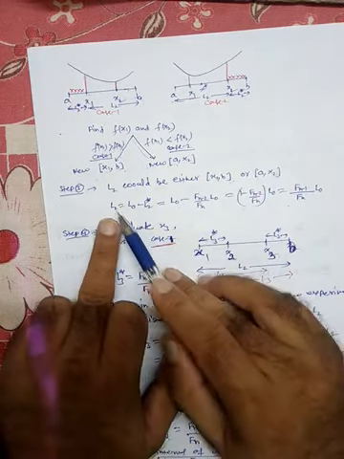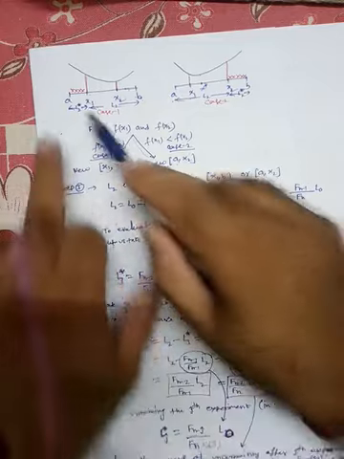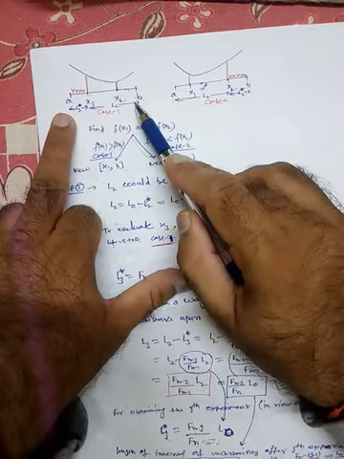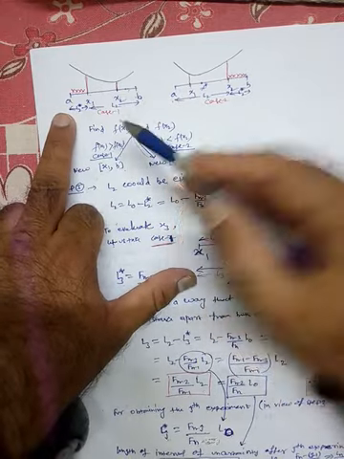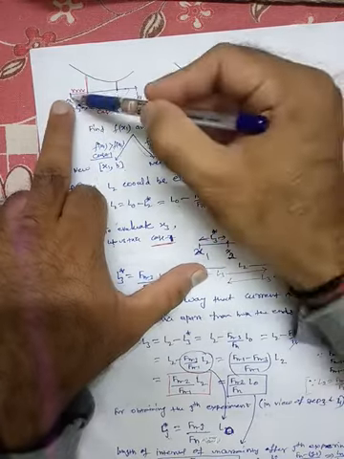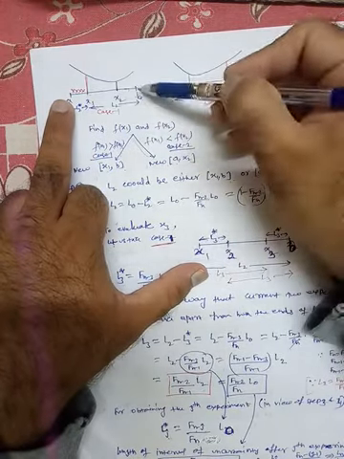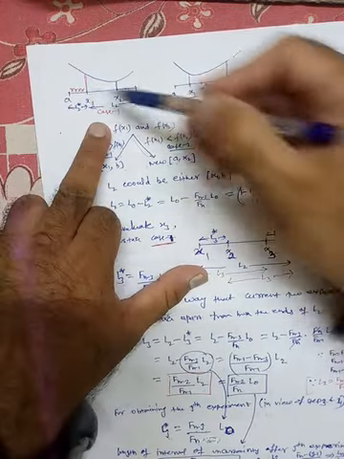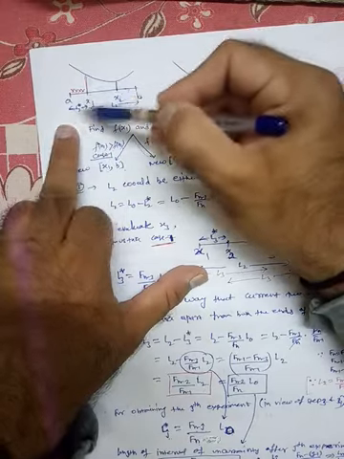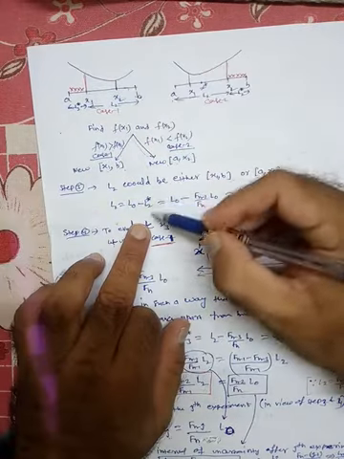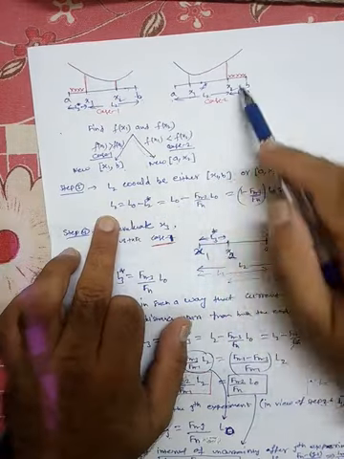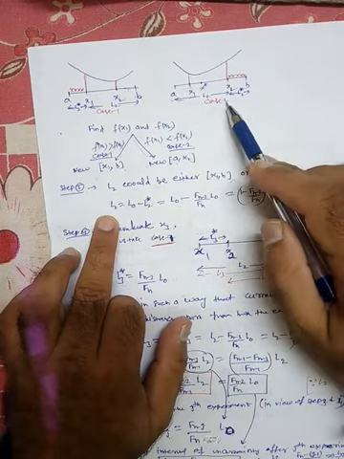If suppose we are taking this case, then what will be L2? L2 will be the a to b distance, which is denoted by L0, minus this distance L2 star. So this L2 is exactly the same as this distance.